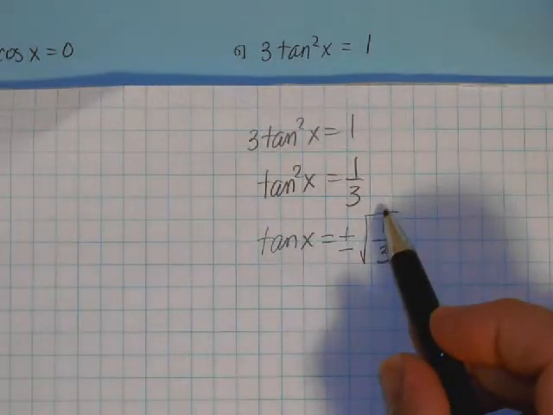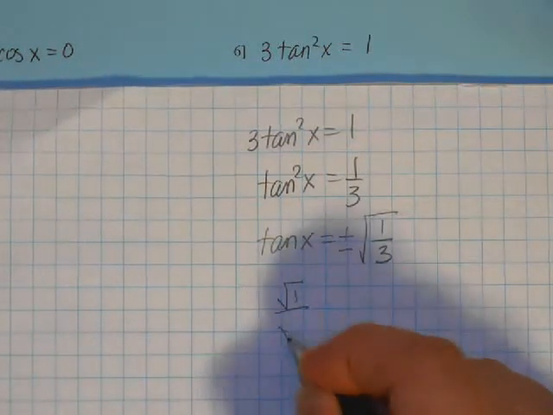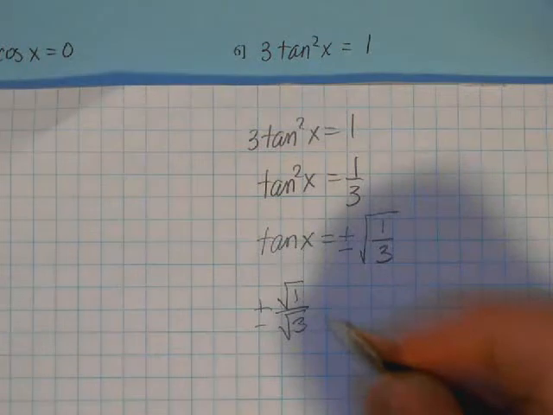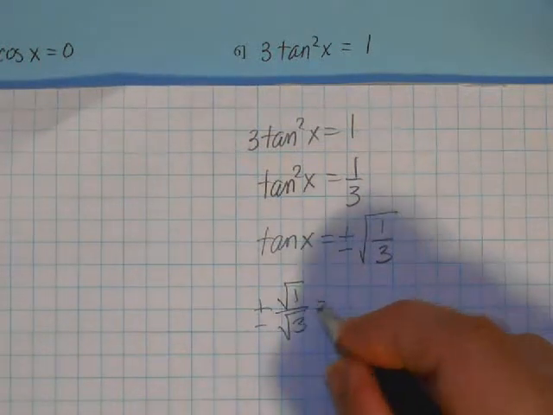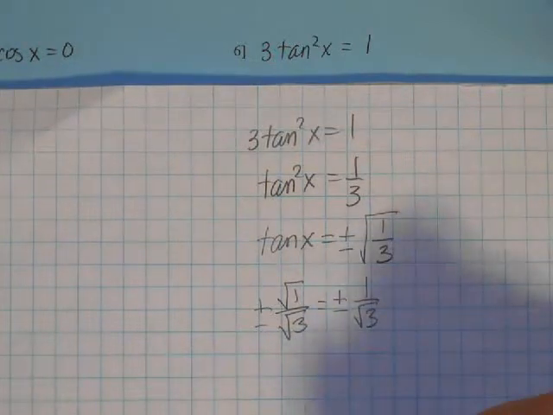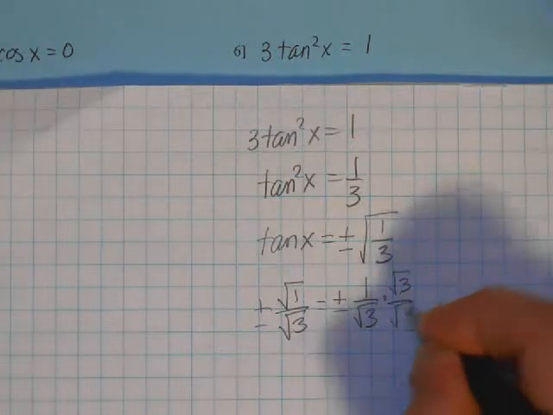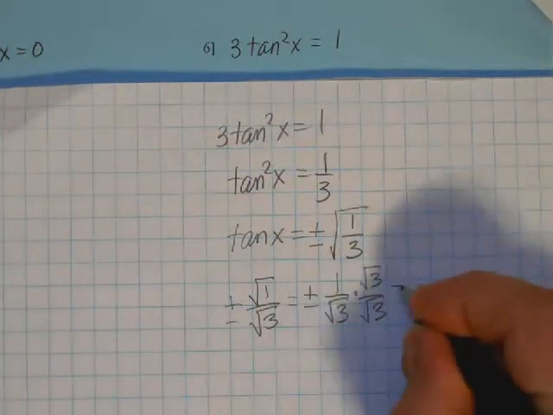Now you probably won't see this number as is on your unit circle. So we know that radical 1 is 1, and we get 1 over square root 3. And then we rationalize it by multiplying by 1.